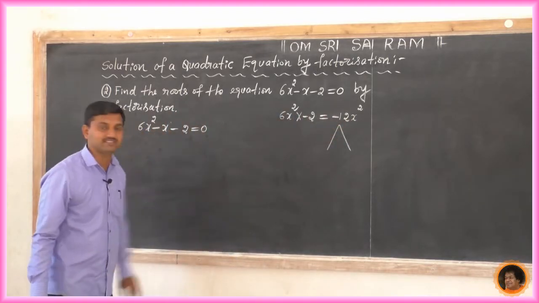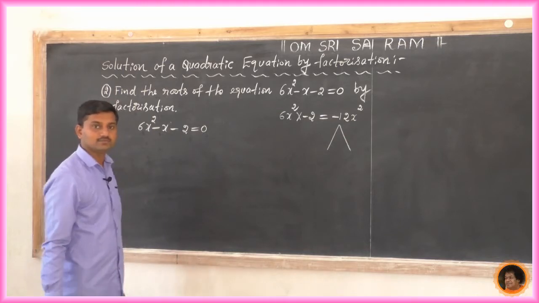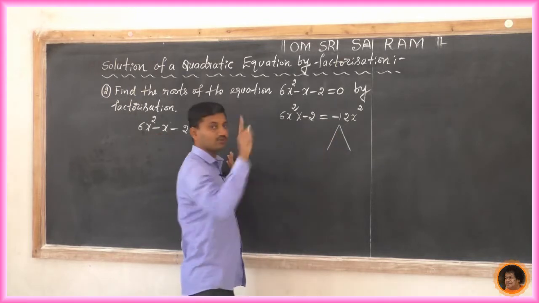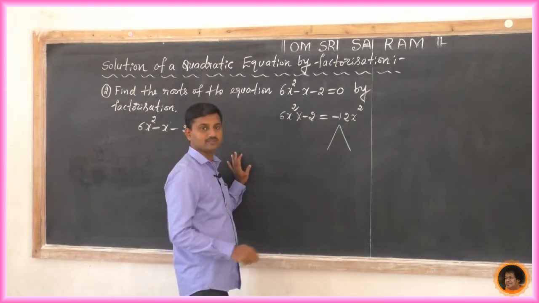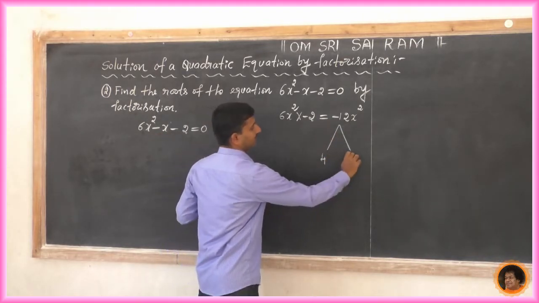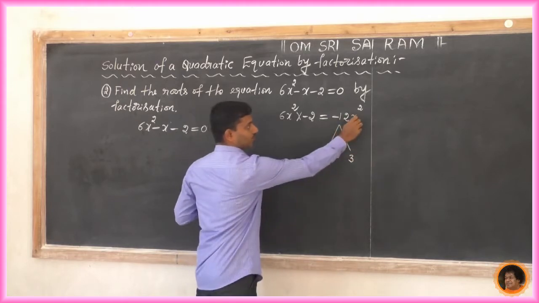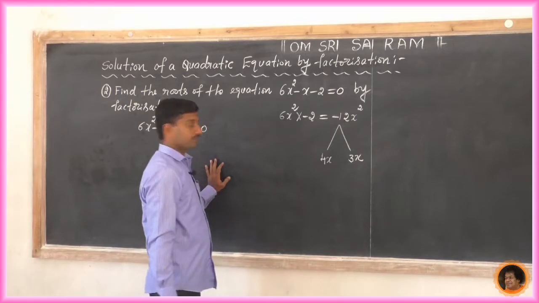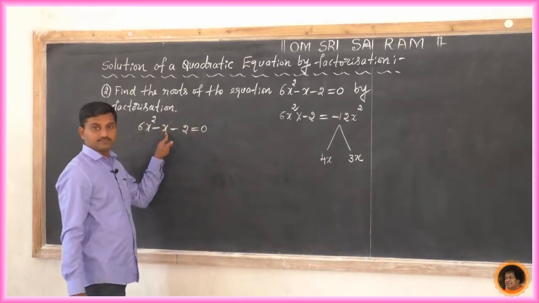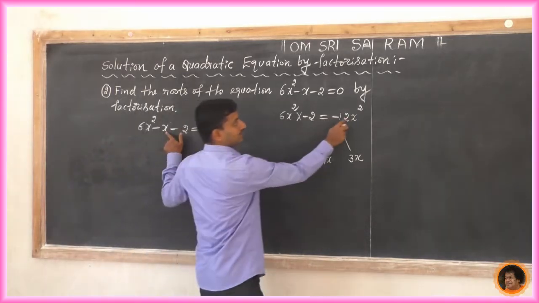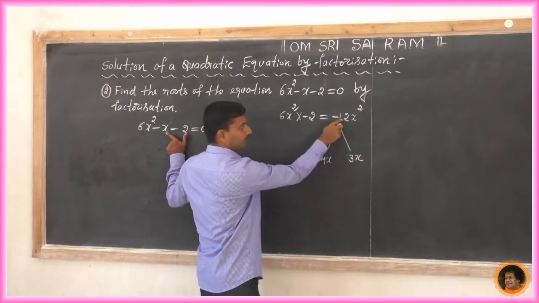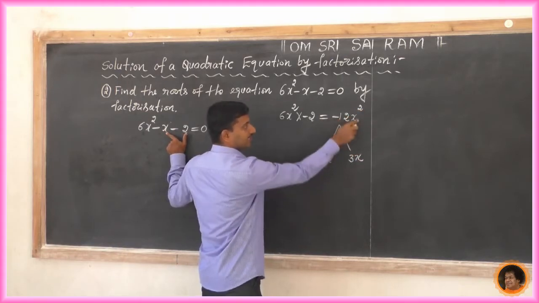So which are the two factors? The product is −12x² and the sum is −1x. So 4 and 3, and for x², the factors are x and x. 4 into 3 is 12, x into x is x².